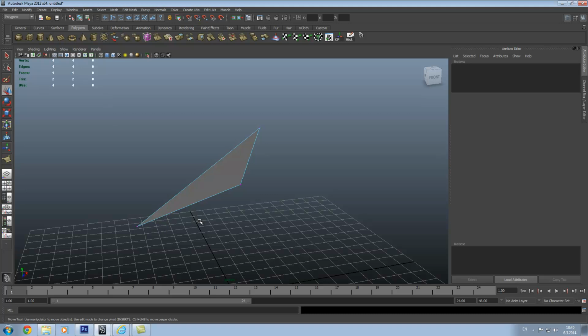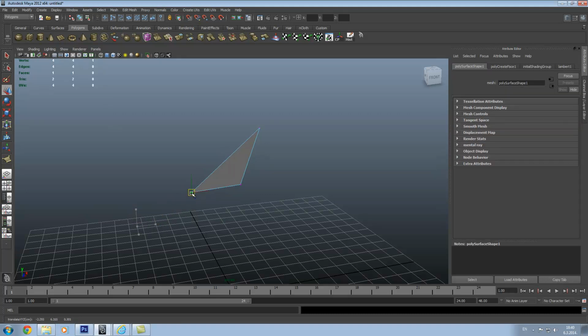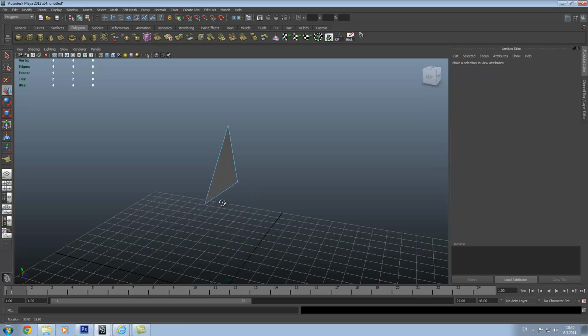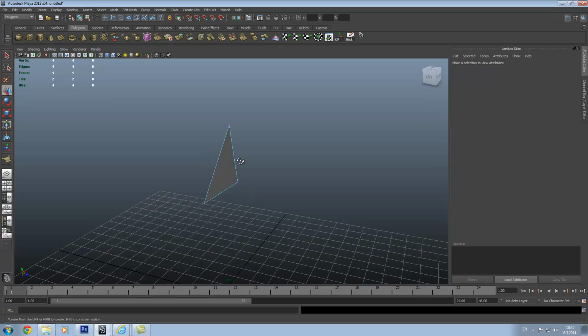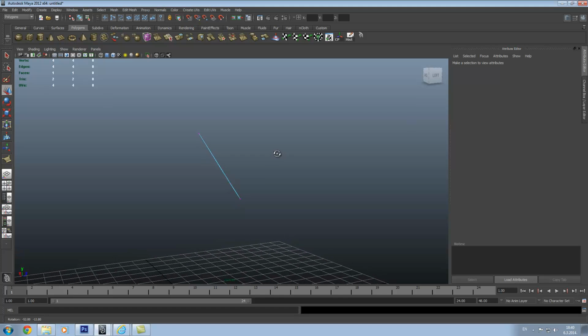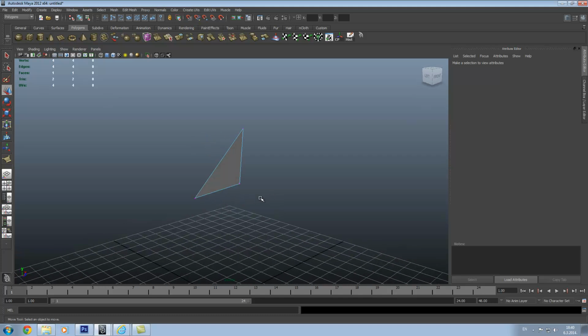It makes it a lot easier to compute, and a lot faster in fact. As you can see, no matter how I'm rearranging my vertices, they always lie on the same plane. If I rotate really nicely, I get almost a single line.